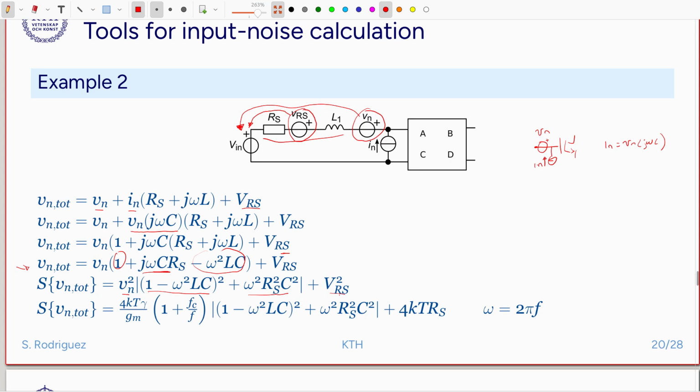I replace the equations for the different parts, and then I get Vn squared here, and for kTRs is here.